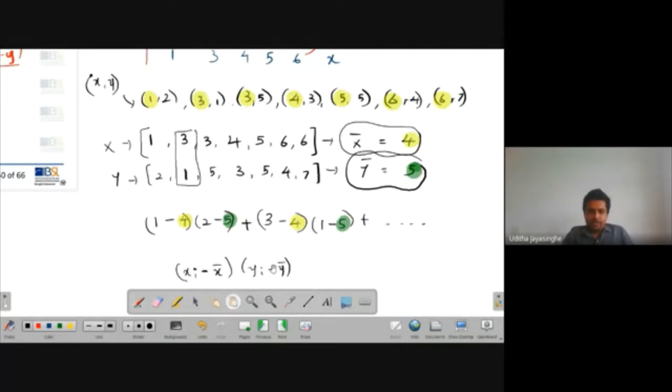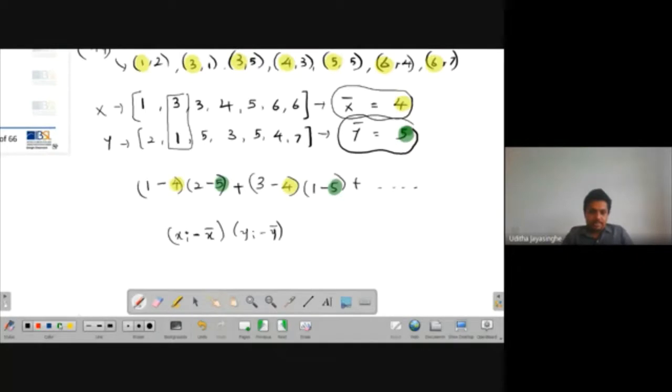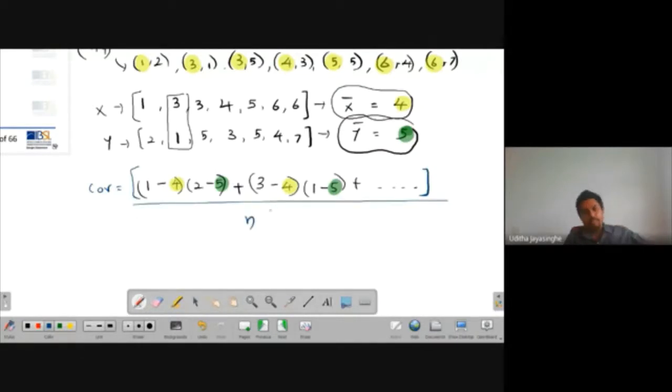Once I have all this summation, I divide it by n or n minus 1, depending on whether I'm looking at the sample or population.